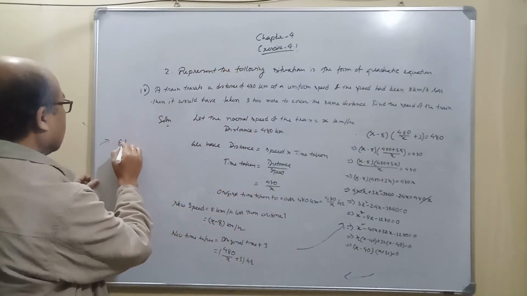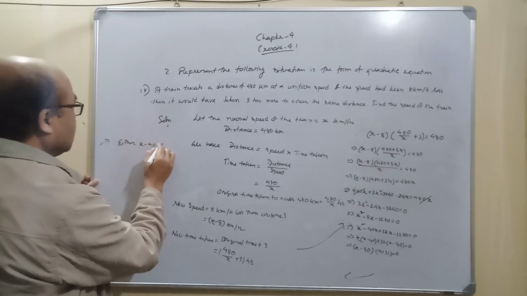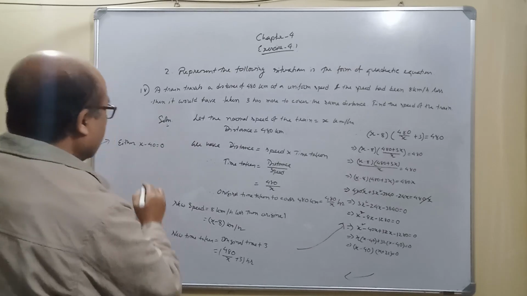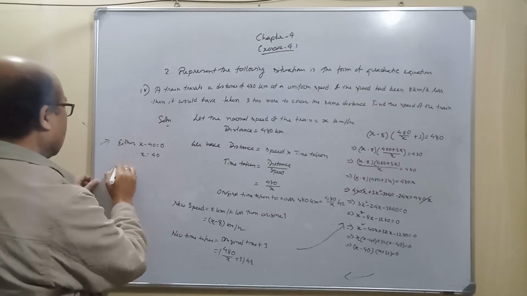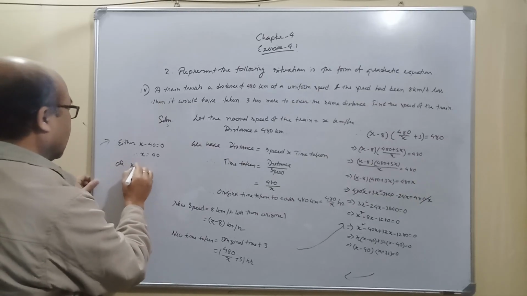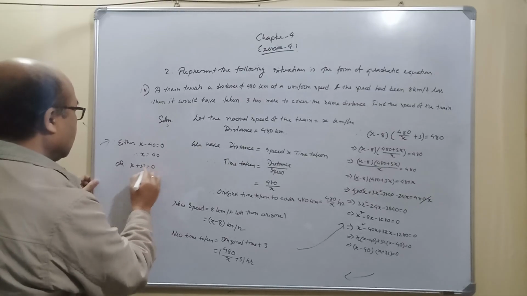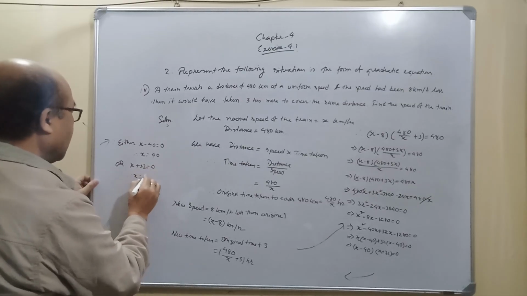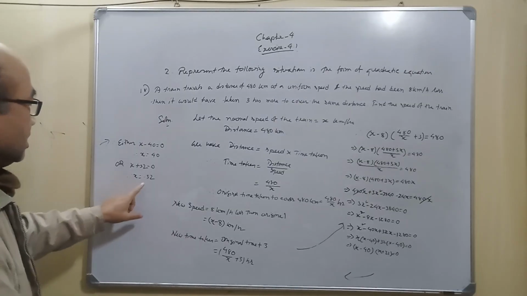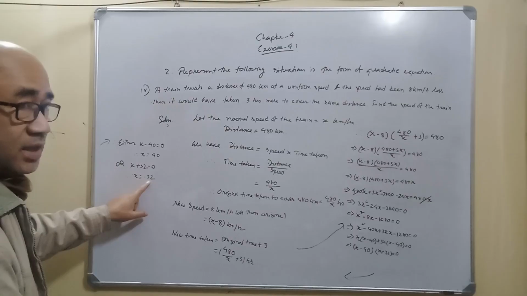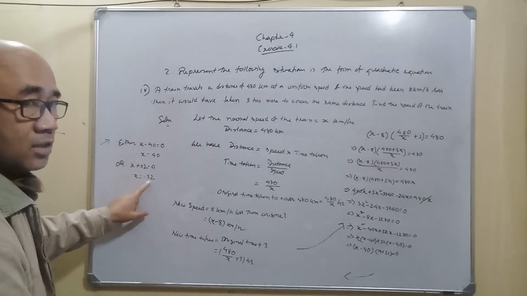Hence, either x minus 40 is equal to 0, hence x is equal to 40, or x plus 32 is 0, hence x is minus 32. But speed cannot be negative. x is speed and it cannot be negative.